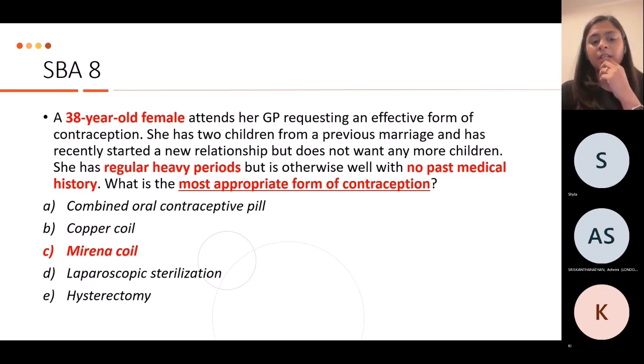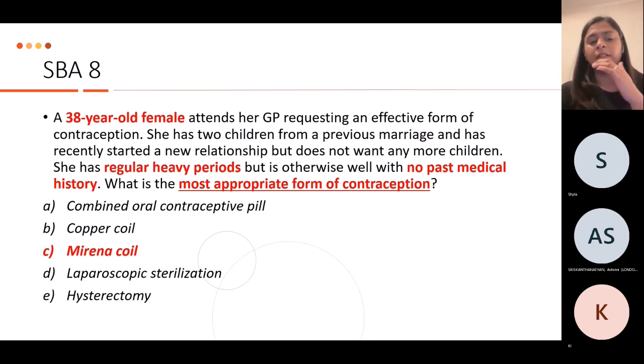I think we can all agree that a laparoscopic sterilization and a hysterectomy, although possible, are inappropriate because of how invasive they are. And she's still only 38, and she may change her mind, and these are more definitive options.